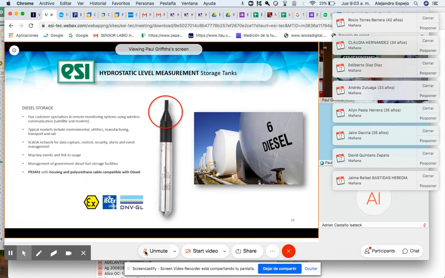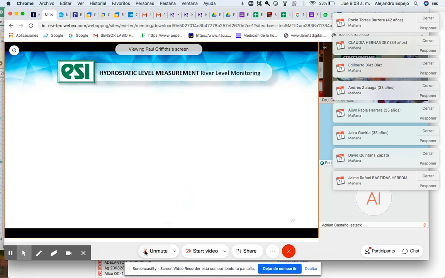So there's real-time monitoring of who is taking the diesel, what time, and where it's going. So it's quite a nice system, that one. We do a lot of diesel storage tanks.